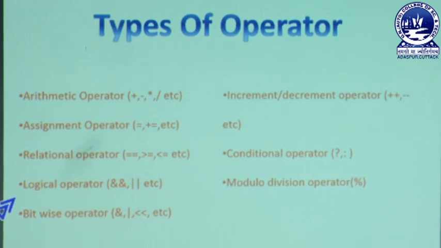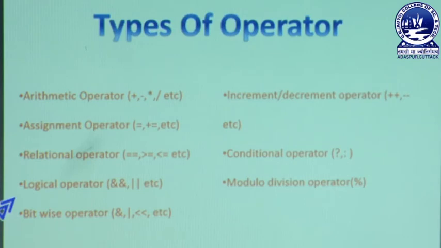You must be aware of arithmetic operators, that is plus, minus, multiplication, division, etc. All the symbols which we use for arithmetical calculations are termed arithmetic operators. Similarly, the next one is the assignment operator. Any operator like equal to, plus equal to, minus equal to, which is used for assigning some value to a variable, is called an assignment operator.